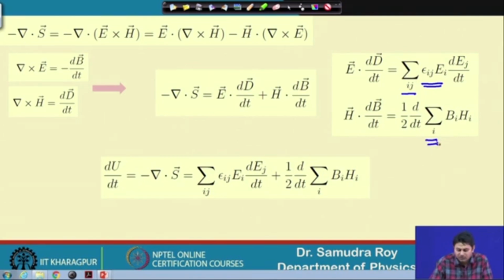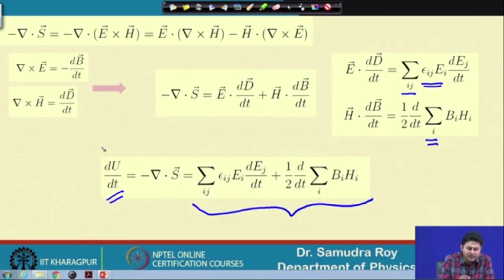Now, if I put these two things together, then I have a relationship for du dt, and these things, S minus the divergence of S, have a form like this. So, du dt, if you remember, this particular form we have already derived in our previous slides.